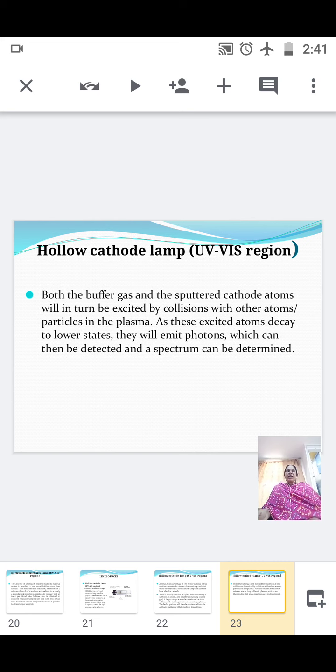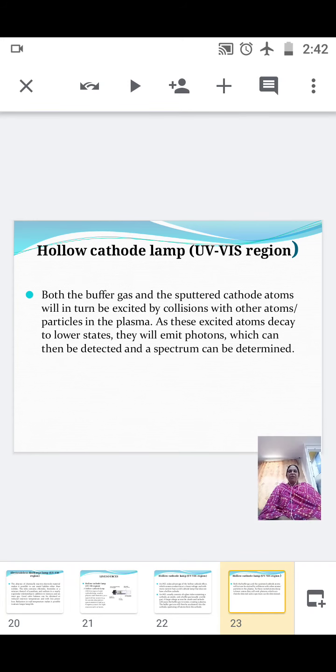Both the buffer gas and the sputtered cathode atoms will in turn be excited by collision with other atoms and particles in the plasma. As these excited atoms decay to lower states, they will emit photons, which can then be detected, and a spectrum can be determined.